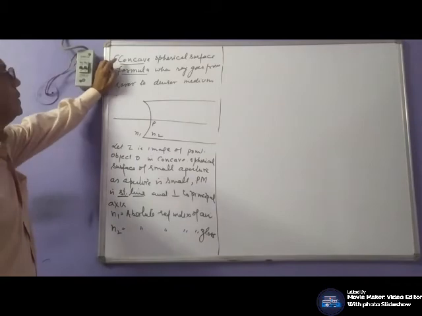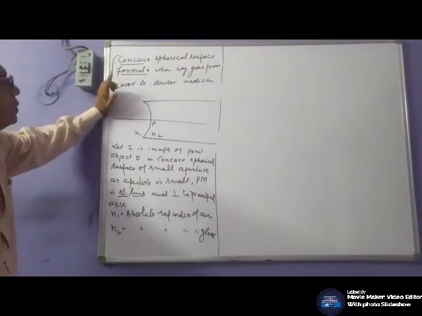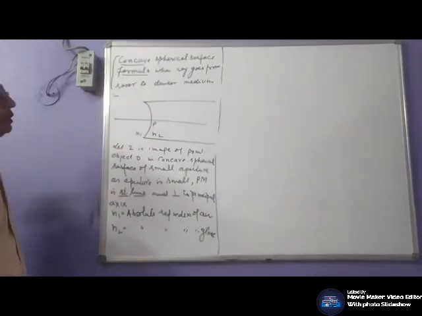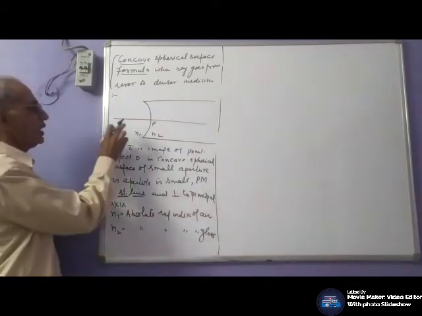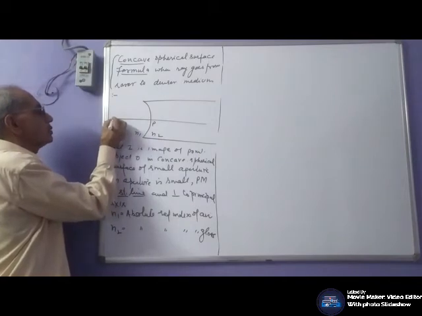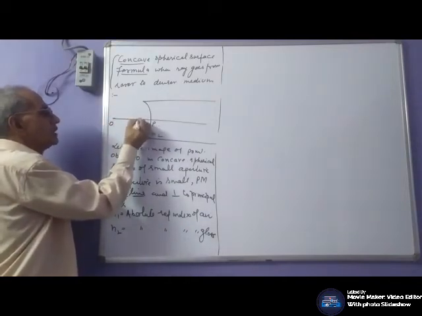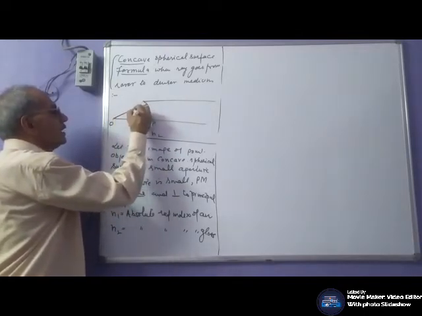Now again, concave spherical surface formula when ray goes from rarer to denser medium. Only one image is formed, that is virtual image. Convex, both images were there, real, virtual. Here only virtual. Ray goes from rarer to denser. Say this is object. This side there will be C. This is incident ray.